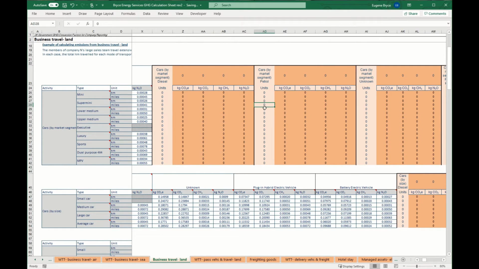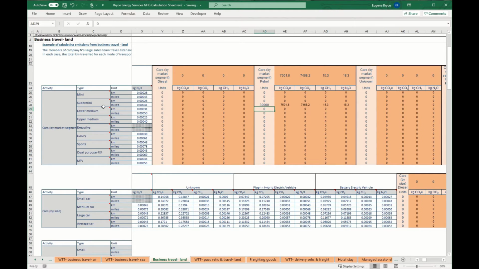So we have 30,000 miles. Cars by market segment, petrol or diesel. If I put 20,000, or just for a quick look, 15,000, split it half and half, the petrol has higher emissions than the diesel for the equivalent. Always interesting to know. Just for simplicity, I'll keep it as we have on the table.